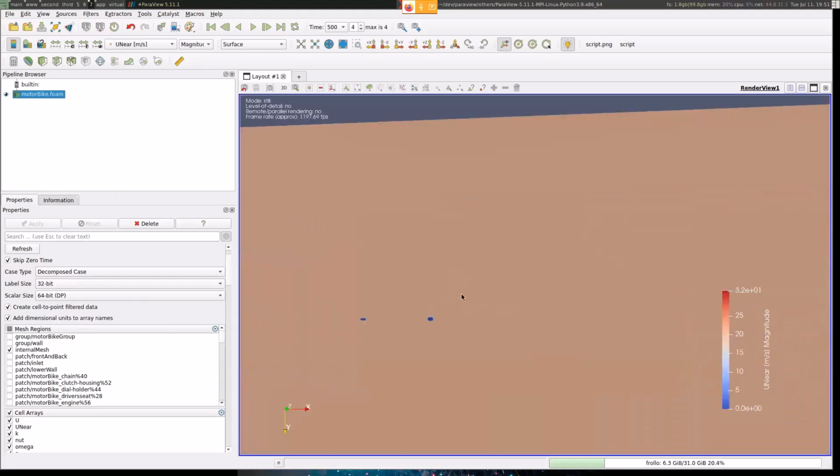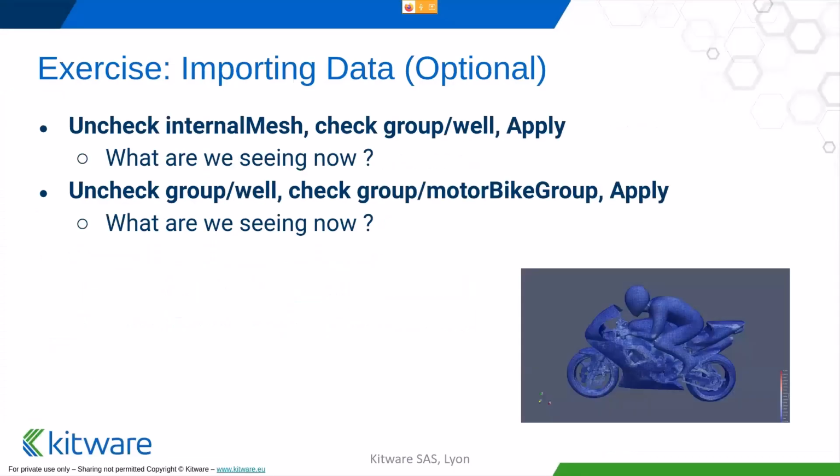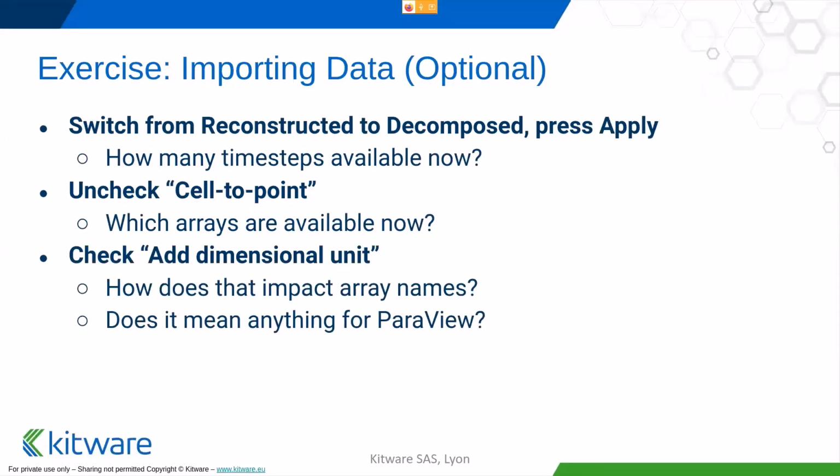So this is just an example of what opening OpenFOAM data in ParaView can look like. You can change these different parameters depending on what you're trying to do. But regarding the units, it doesn't mean anything for ParaView. For ParaView, the unit is only part of the name. It will not say, oh, you're using seconds and milliseconds, and do the conversion for you. No, that's just the name. That's it.